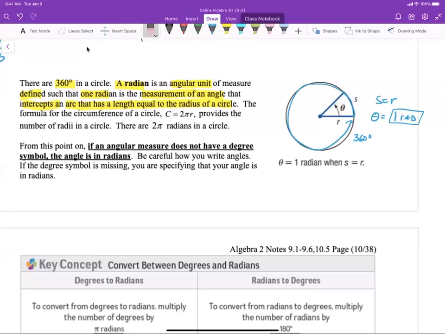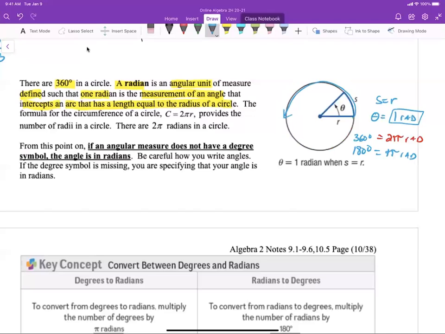Well, how many radians, since it's going to be exactly the same no matter what, if I go all the way around one circle, that is going to equal 2 pi radians. One more thing to note: if I have gone half my distance, that is 180 degrees, and that will equal pi radians.